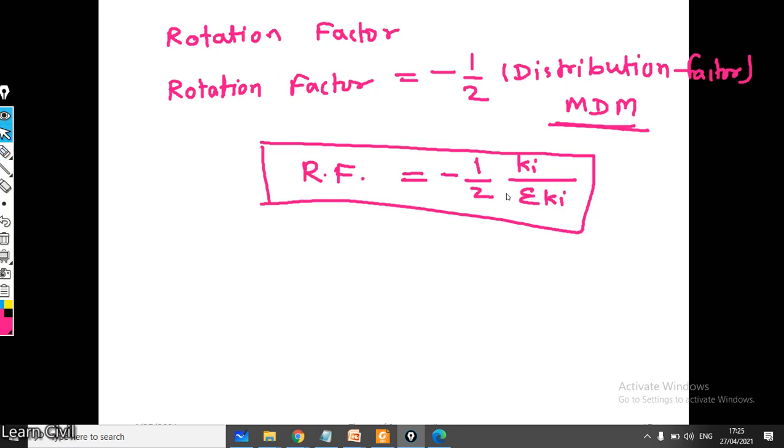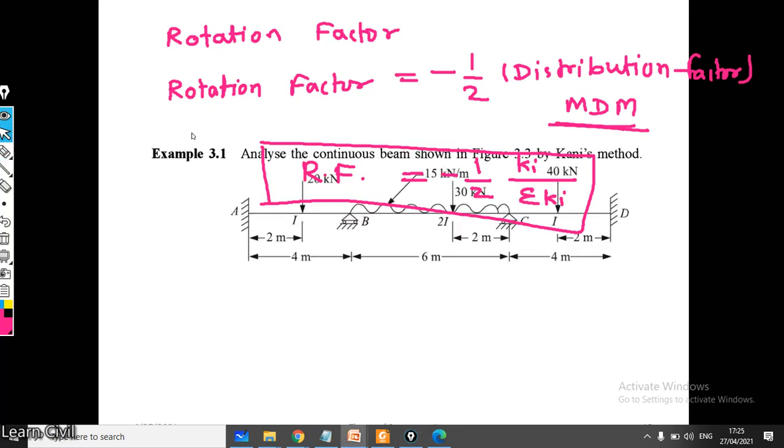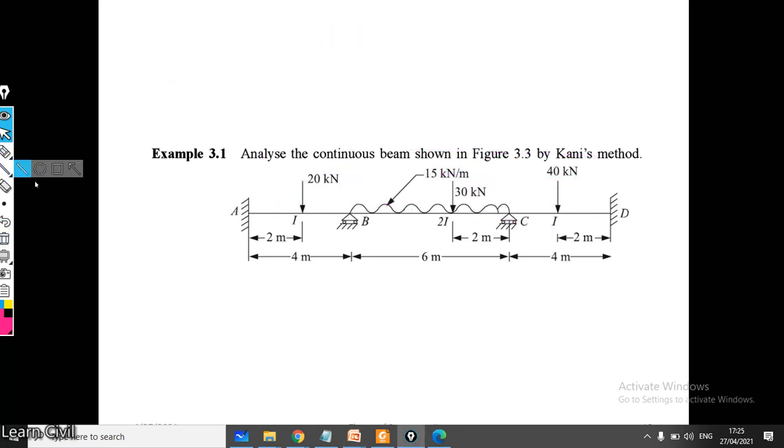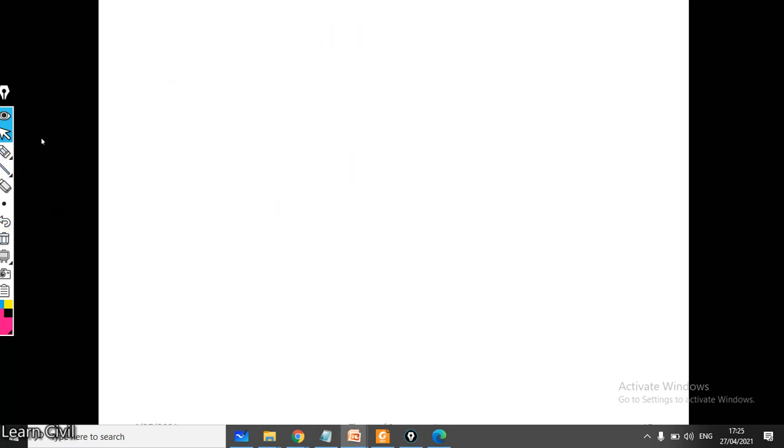So we have seen three equations. The first equation is the final end moment MAB, which is equal to MFAB plus twice M dash AB plus M dash BA.